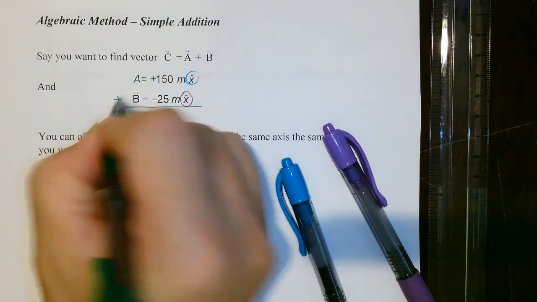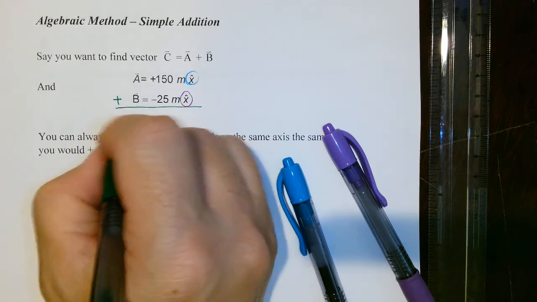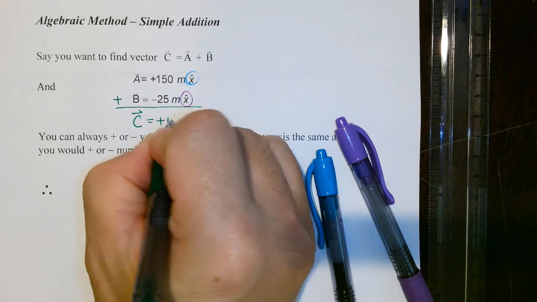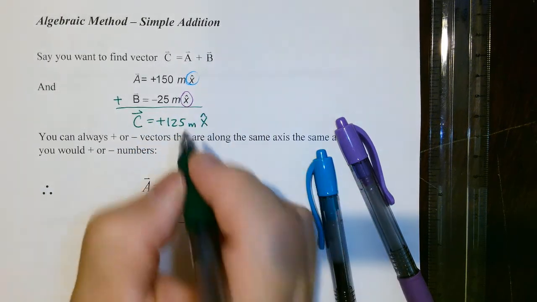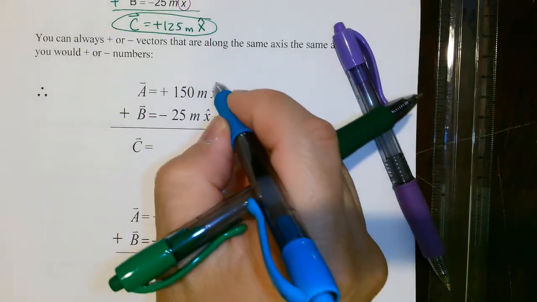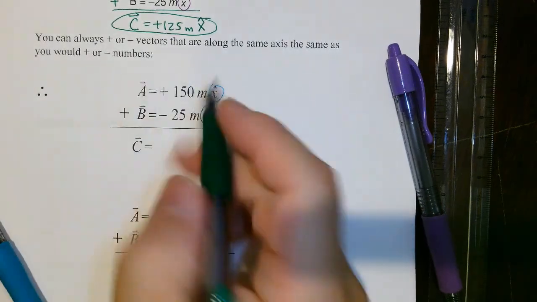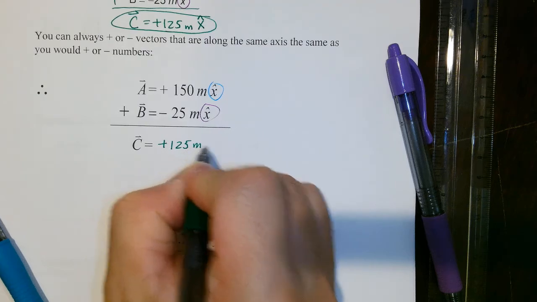If they're the same, just add the numbers, or in this case, we're adding the negative. So my C vector becomes just positive 125 meters x hat. All right, that was easy because my x hats were the same.